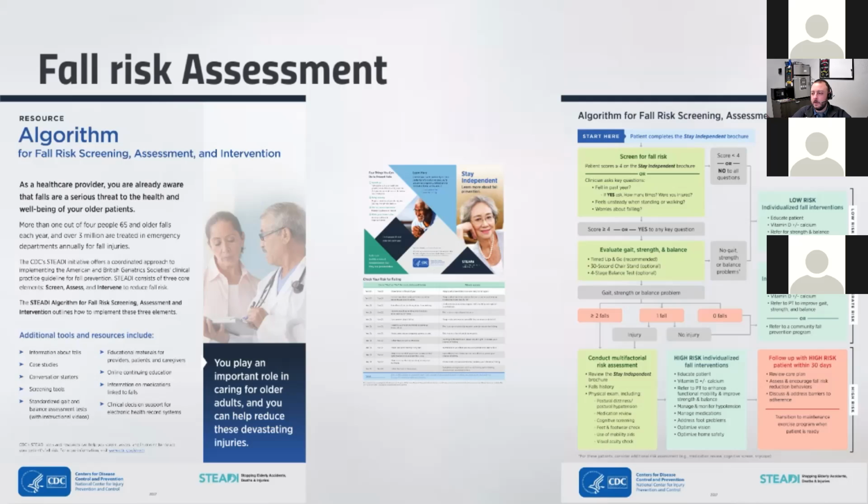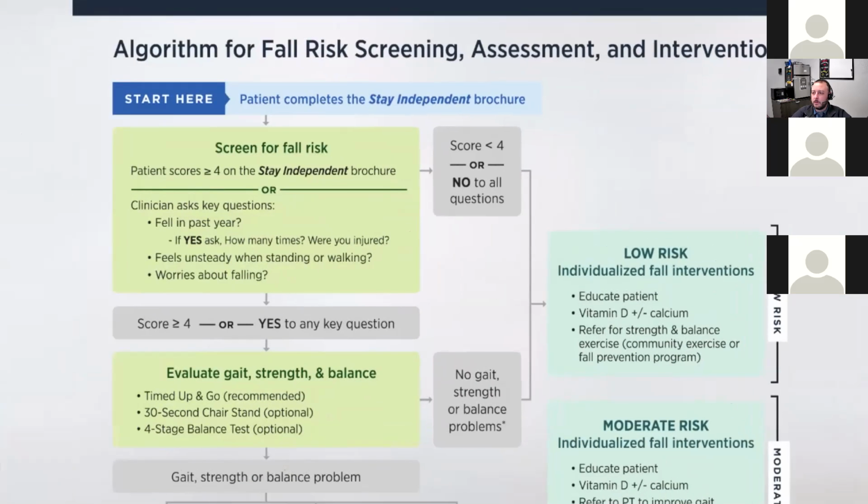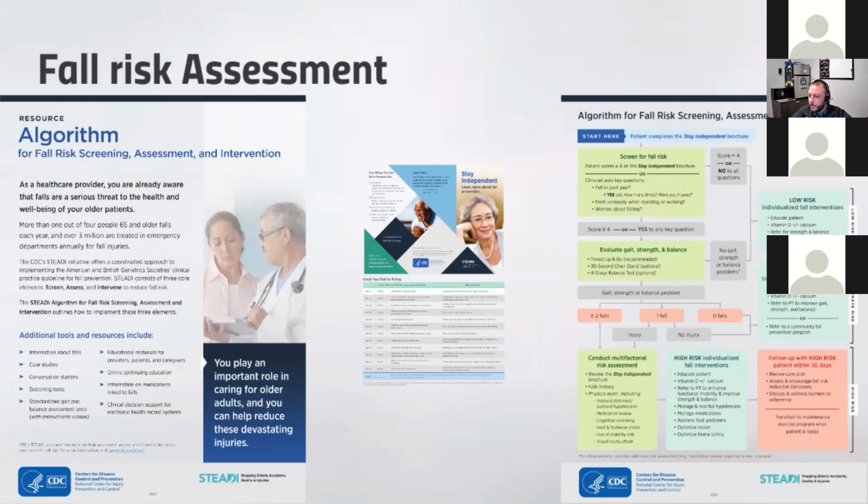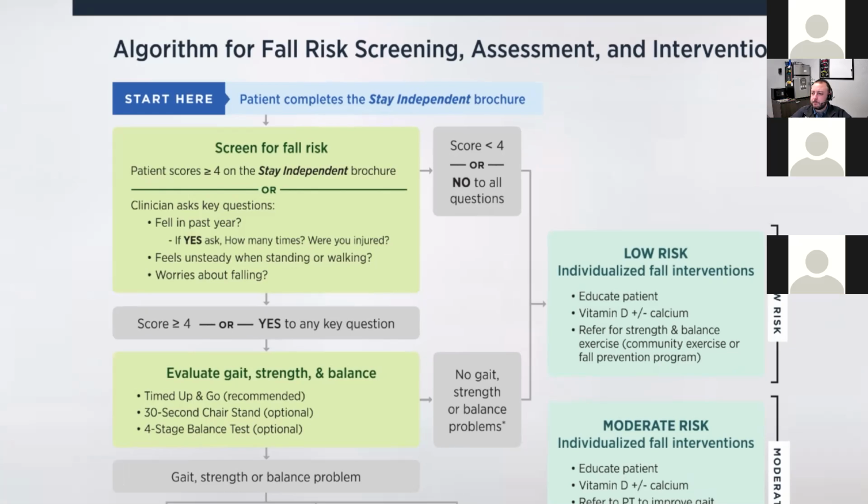The CDC has this cool little algorithm for fall risk screening. They say if a patient scores a 4 on the independent living brochure, I'll have to see where that brochure is on here, or they have fallen in the last year, feel unsteady, or worry about falling, then you just follow this algorithm, just like we do with cardiac arrest algorithms or any other algorithms that EMS uses.